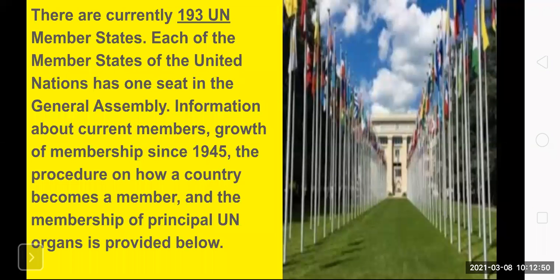So there are currently 193 United Nations member states. Each of the member states has one seat in the General Assembly.